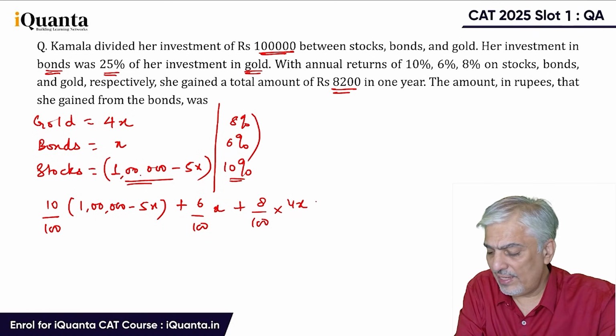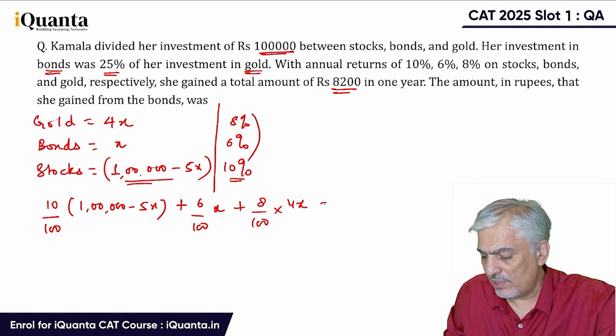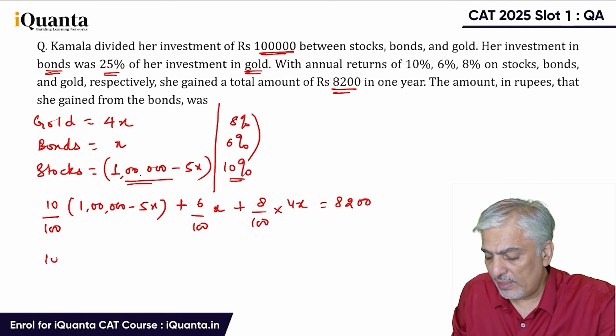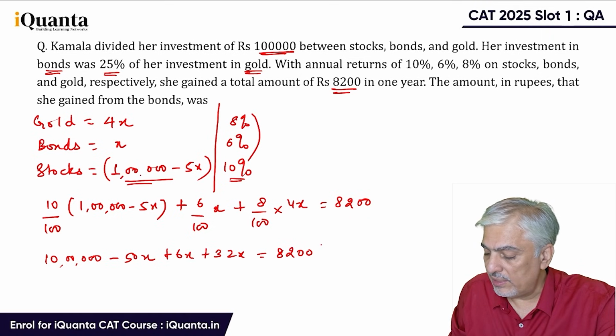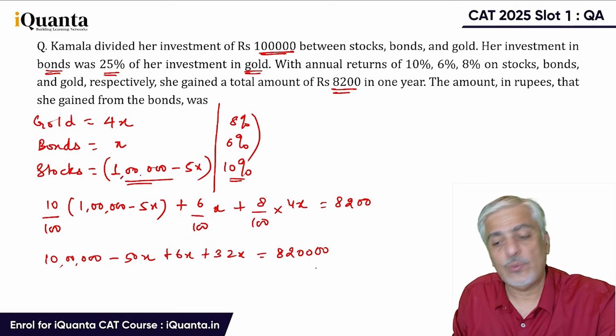Okay, if I don't cut anything, especially because I will get the 100 LCM on the other side, this will become 10 lakhs minus 50x plus 6x plus 32x is 82x, that is 8,20,000.